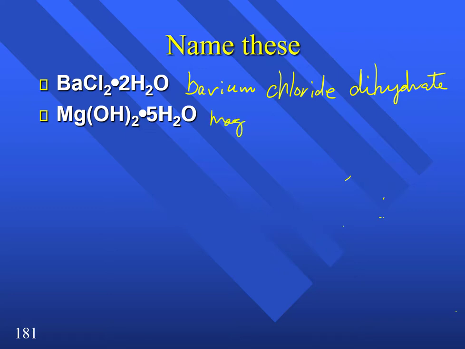Okay, magnesium doesn't need Roman numerals. OH was hydroxide. And then 5 waters. 5 was pent, and pentahydrate.